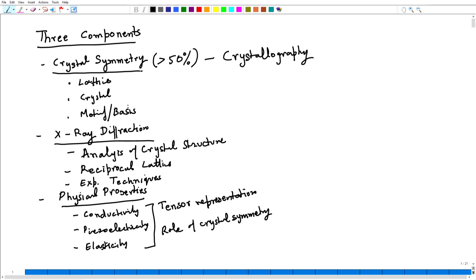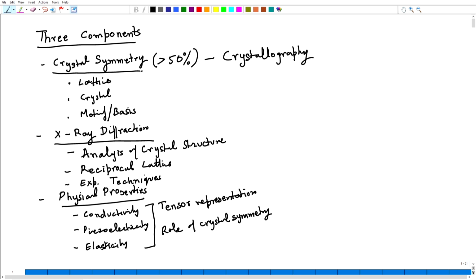So, these three are key concepts to begin with, and in fact there is a lot of confusion. So, first we need to get rid of all of those confusions that have been generated in an elementary course on material science, where crystallography is covered very quickly without really going into the depth of crystallography itself.